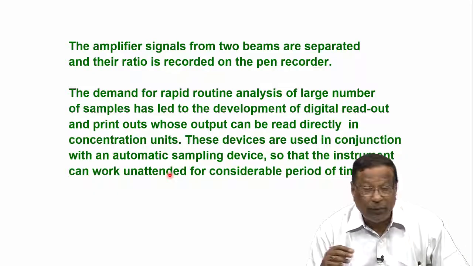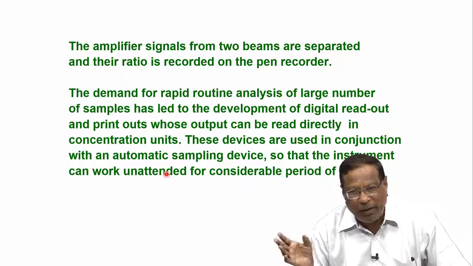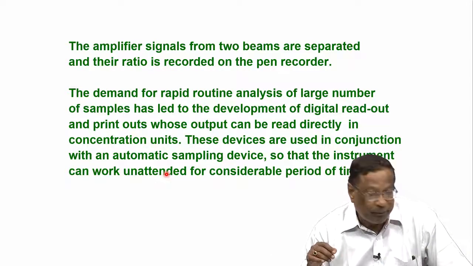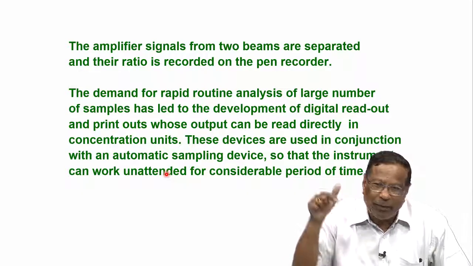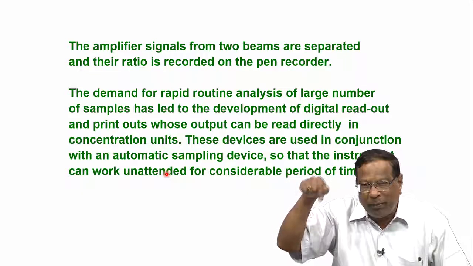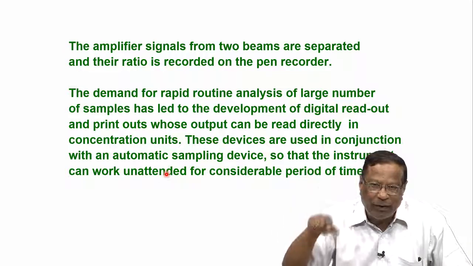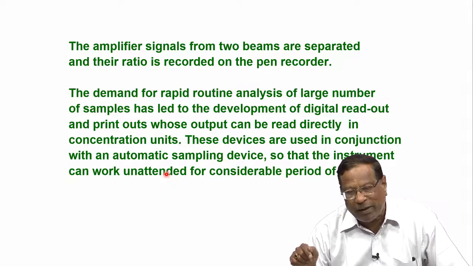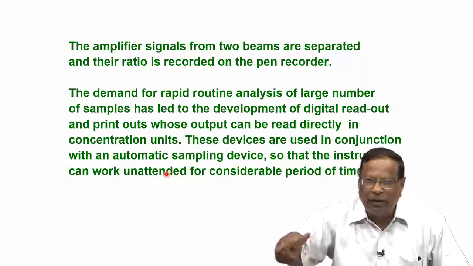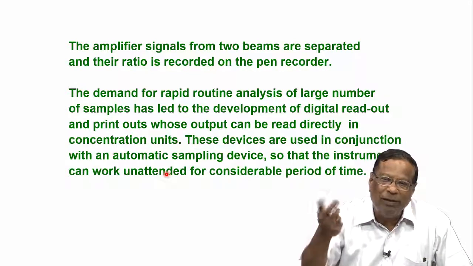What we do normally is, there are several samples which need to be prepared and put in a carousel, so that the atomic absorption instrument's capillary will dip into one and then insert into the flame, and once the reading is taken, it can come back for multiple determinations, or the carousel will move and again the sample will be picked up and put into the flame.